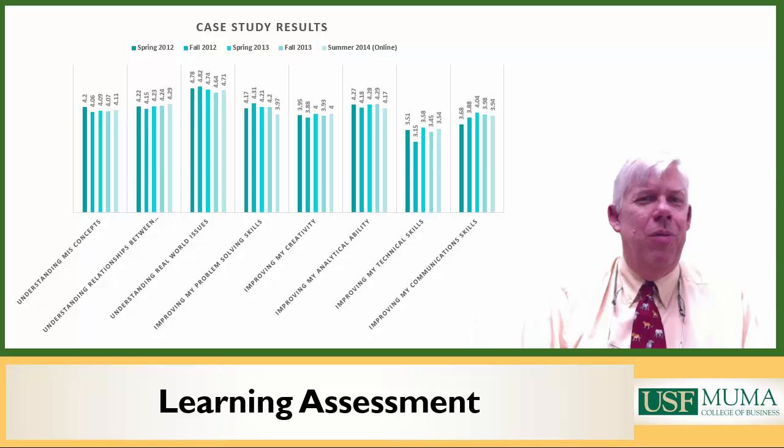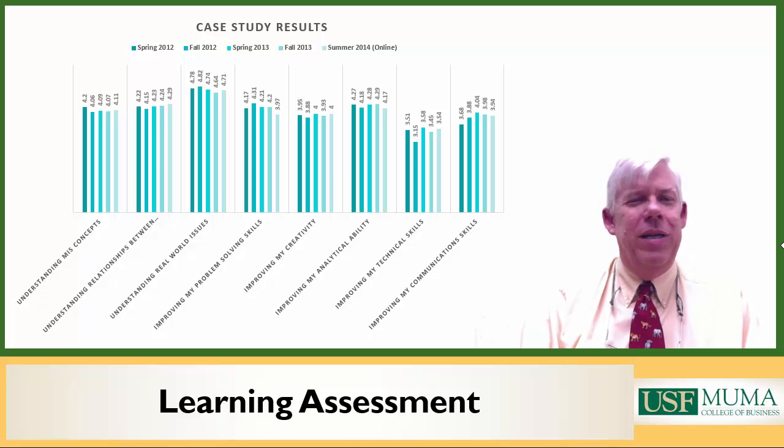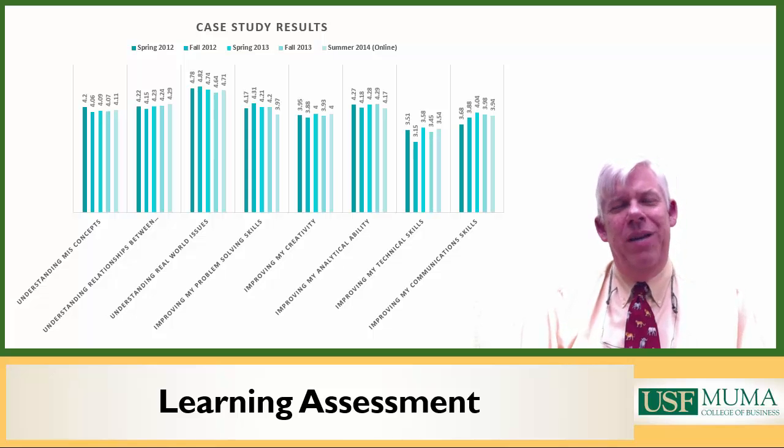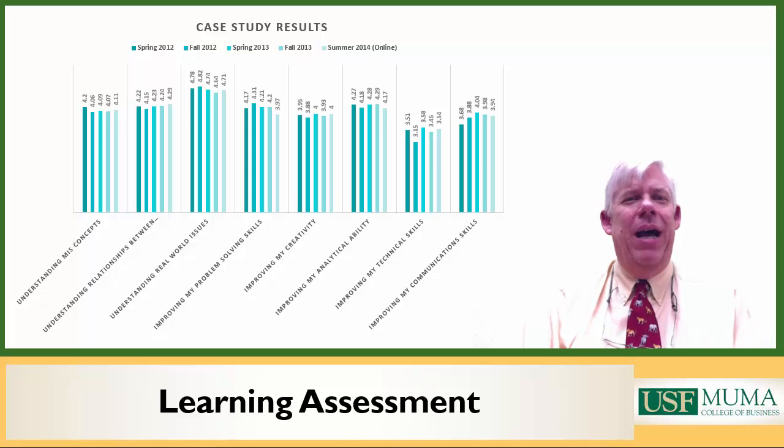And once again, remember, this is an instrument where, according to the National Science Foundation, projects that use it, anything over 3 is considered quite good. So what this tells us is that we've been pretty faithful in replicating the learning results, at least as far as the students are concerned, when we took the course online, and we have the same pattern of learning.